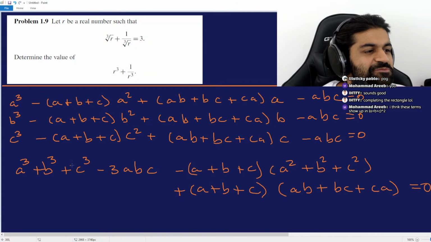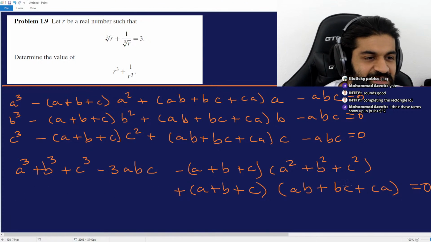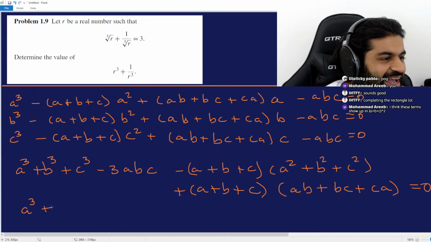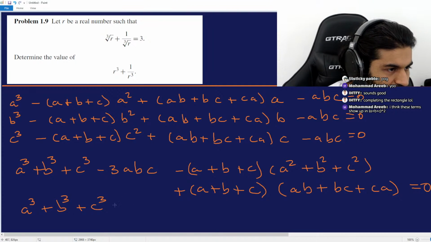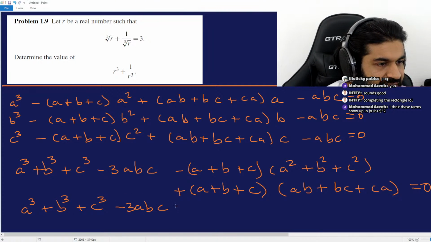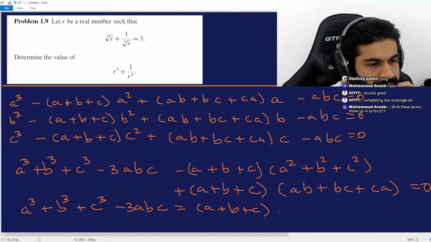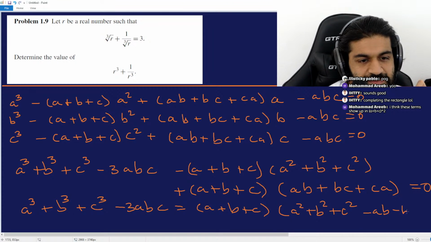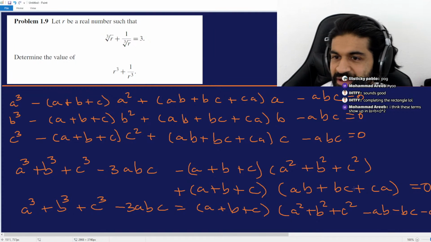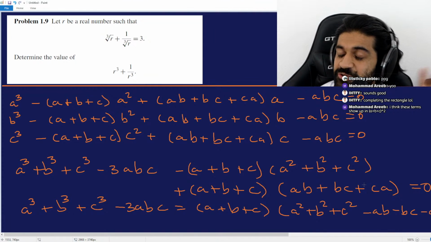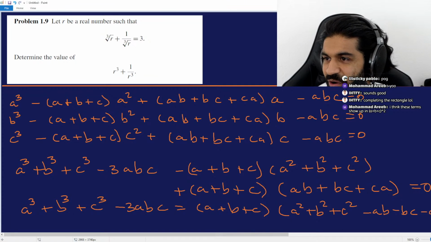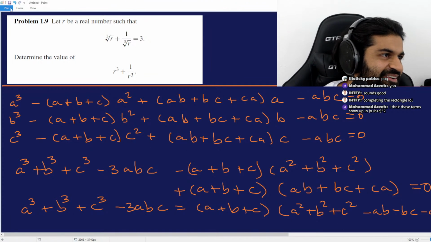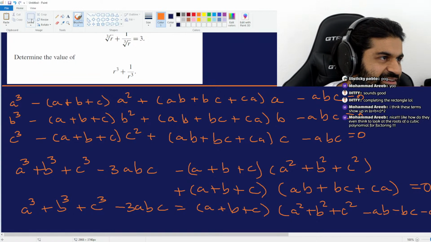So a cubed plus b cubed plus c cubed minus 3abc is equal to (a plus b plus c) times (a squared plus b squared plus c squared minus ab minus bc minus ca). Okay? So now we've justified this factorization in two different ways, one using determinants and one without using determinants.